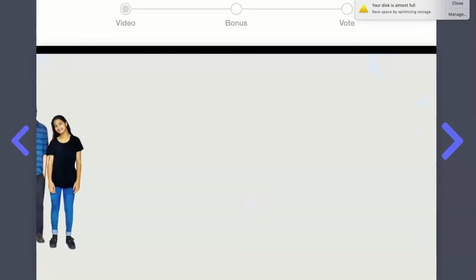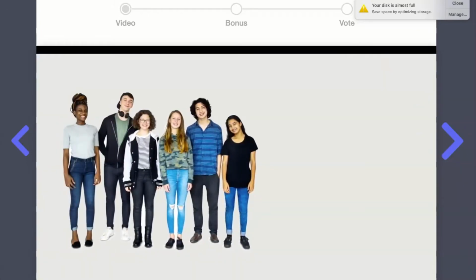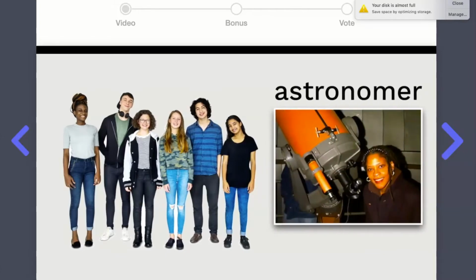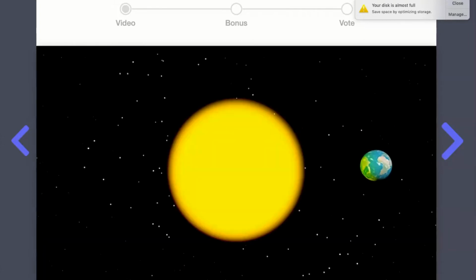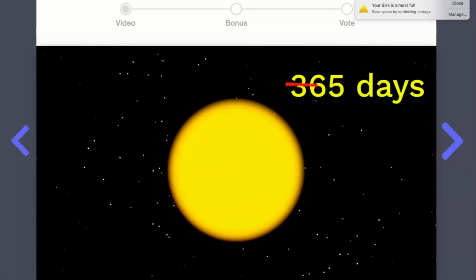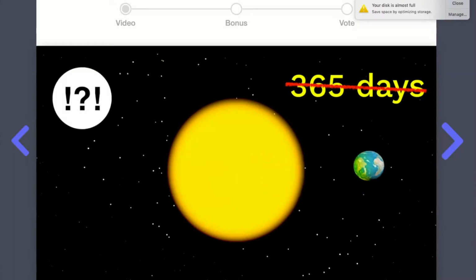At this point, you and your friends decide to go find an expert who studies how the Earth moves around the sun, an astronomer. You ask them, what did we screw up? They tell you, well, actually, we found out a long time ago that the Earth doesn't go around the sun in 365 days. Wait, what? It doesn't?